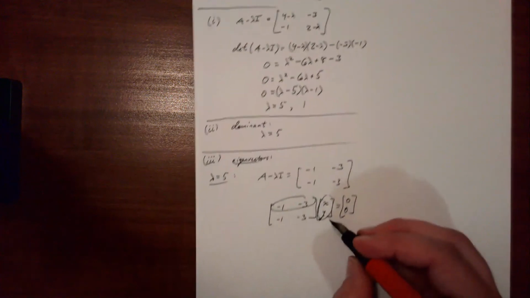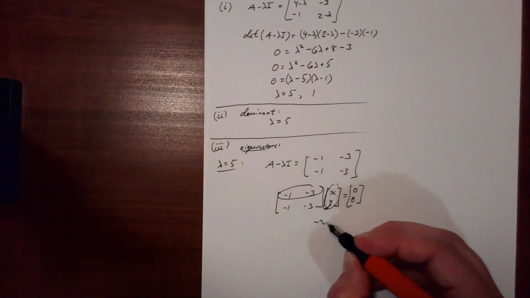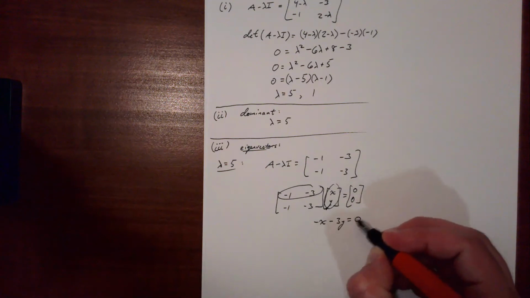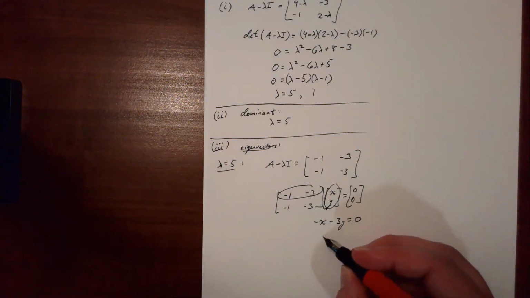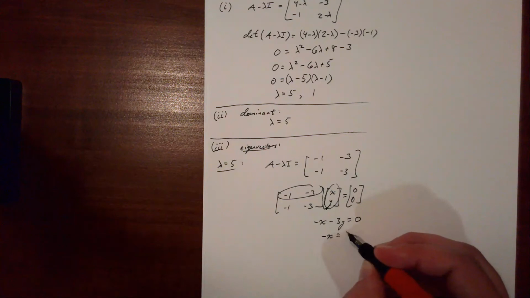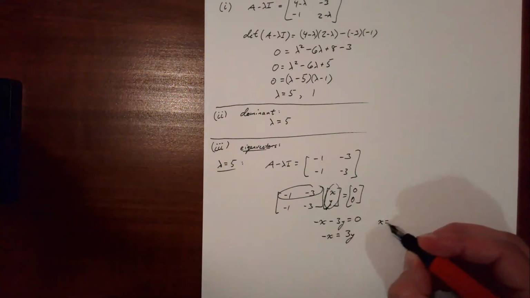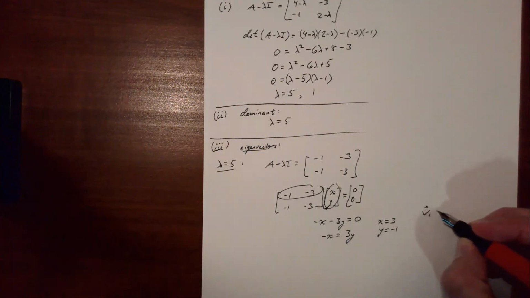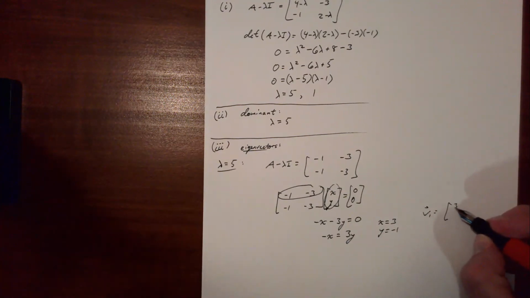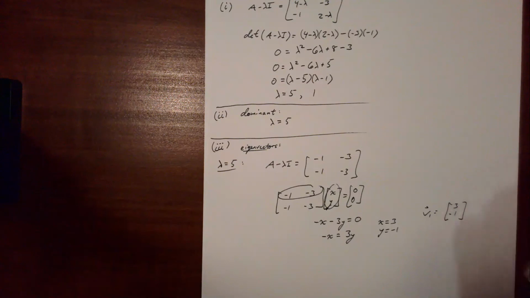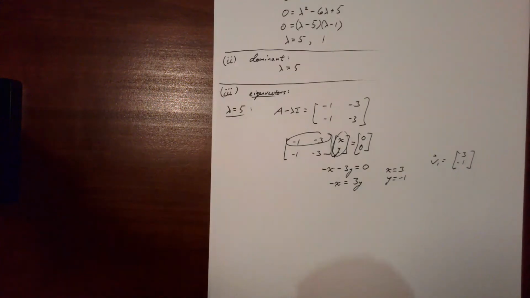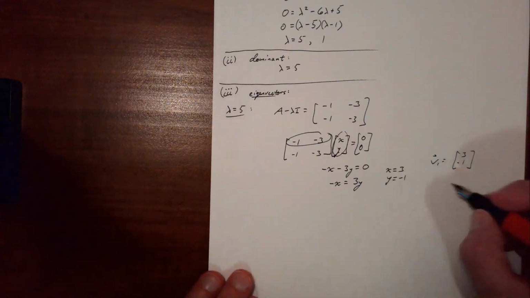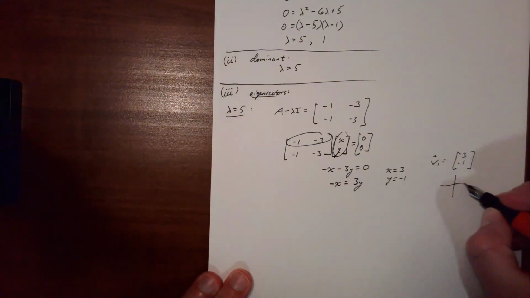And just take this, and we'll have -x minus 3y equals 0. So -x equals 3y. So we can do x equals 3, y equals -1. So that gives us a v1 of 3, -1. So be it. So it's positive change in x, negative change in y. So it's going to be going like that way.